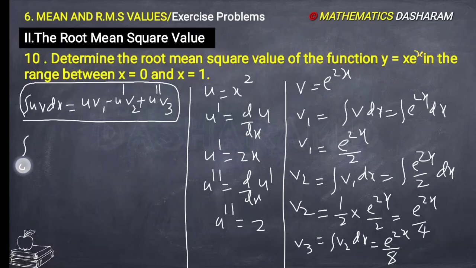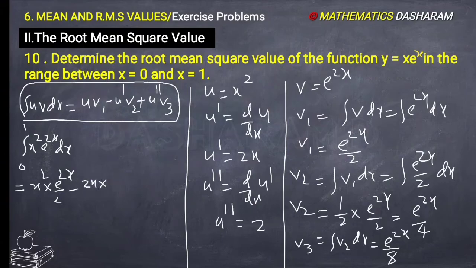So integration 0 to 1, x square into e power 2x dx. Here u is x square, v1 is e power 2x divided by 2, minus u dash, that is 2x, into v2, e power 2x divided by 4, plus u double dash, 2, into v3, e power 2x divided by 8.